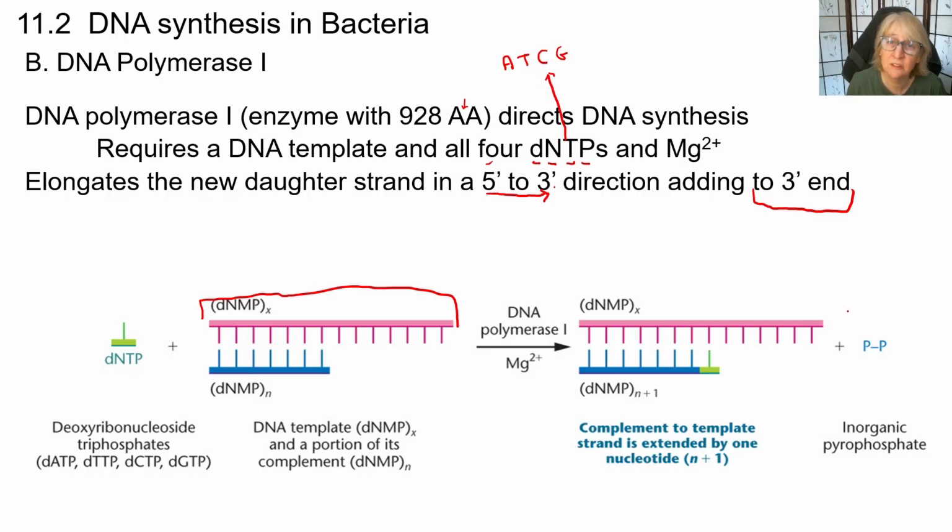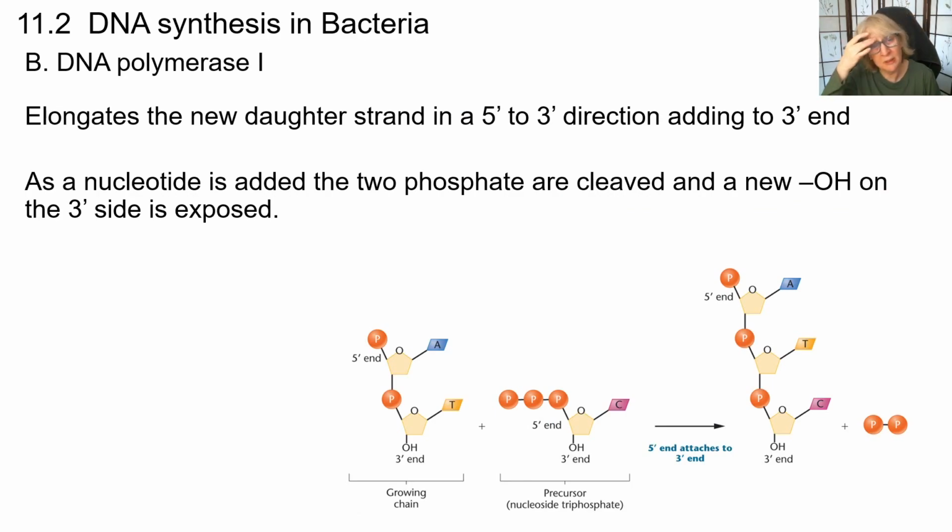DNA polymerase 1 is small. It can fit into small areas, and it can build as long as it has a template. DNA polymerase 1 elongates the new daughter strand in a 5' to 3' direction, always adding to the 3' end. And if you go back and look at your molecules, what this is really talking about from the last lecture is the sugar inside.